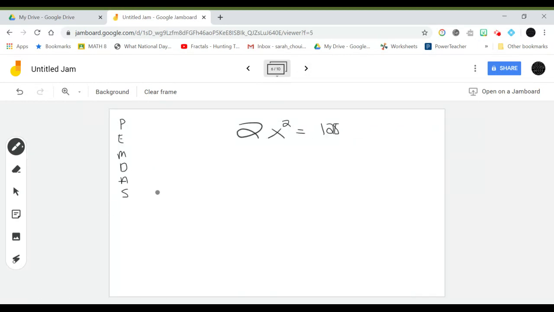So here, for this equation, we're going in reverse order of operations. We would do addition and subtraction first, but there is none. So now we have to get rid of the multiplication using division. So we divide both sides by 2 first. That gets rid of the 2, leaving me with x squared equals 128 divided by 2 is 64. So I took care of that.